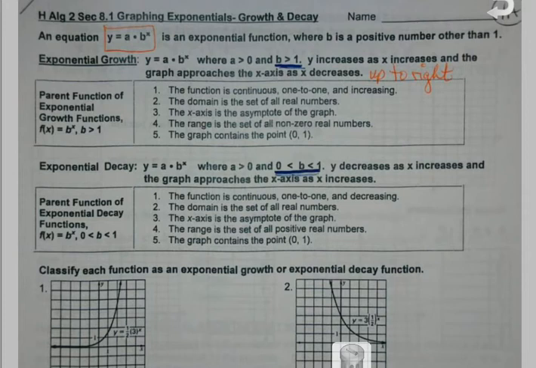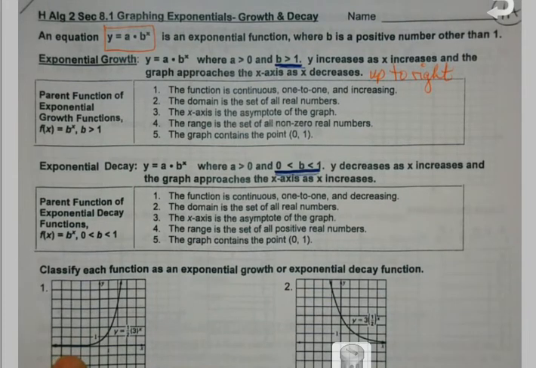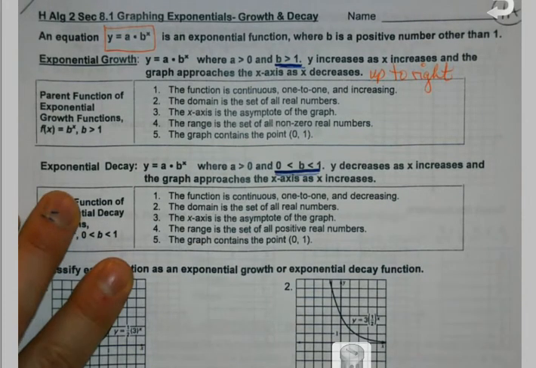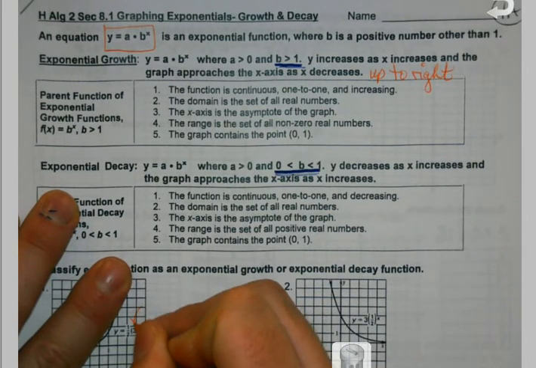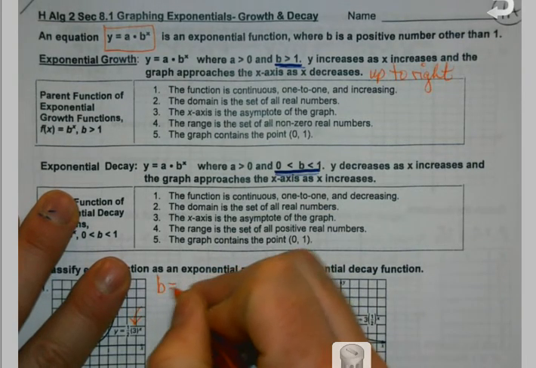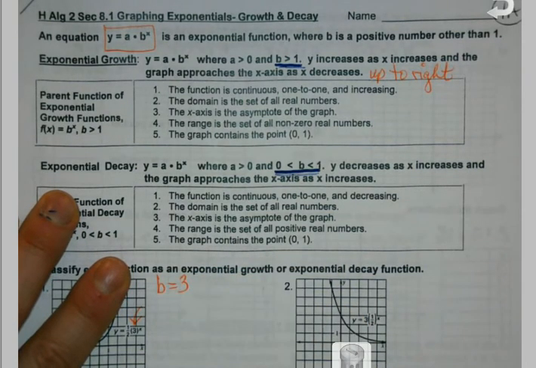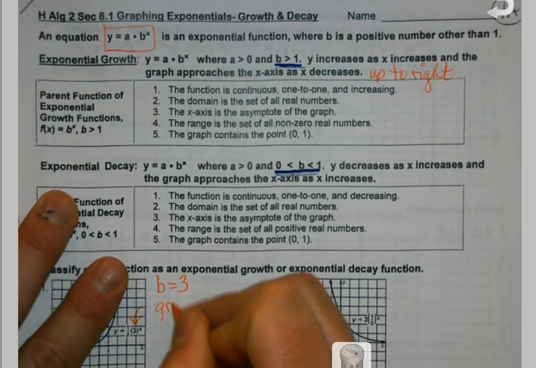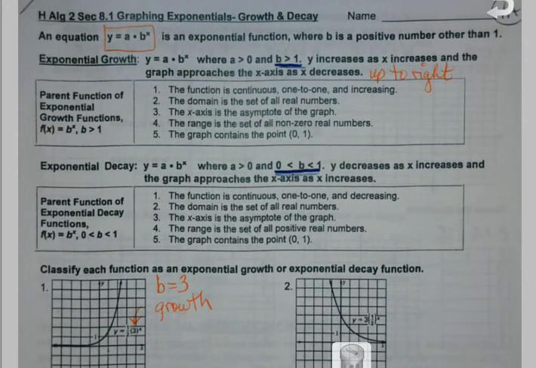So for instance, if I didn't see the picture for number 1 right away, if I just saw the equation, I would take note that the b value, or my base, was 3, and since that value is greater than 1, that's what causes this to be growth. Now, there's one exception where that wouldn't happen, but we're going to get into that a little bit later.